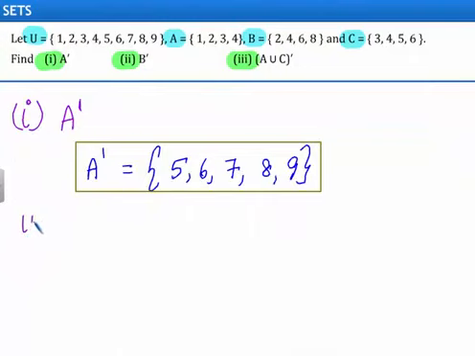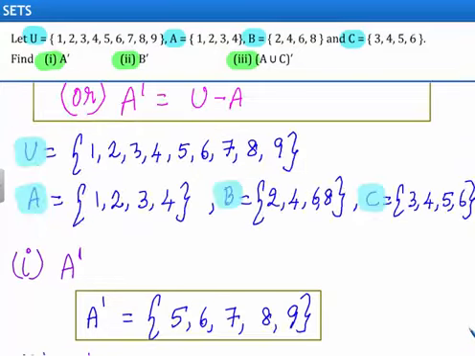Next we need to find B complement. Complement of the set B will be equal to set of elements which belong to the universal set and do not belong to the set B. They are 1, 3, 5, 7, 9.